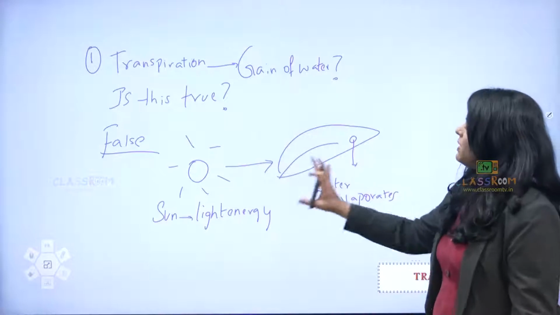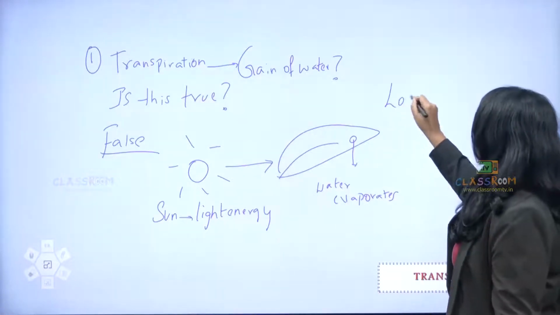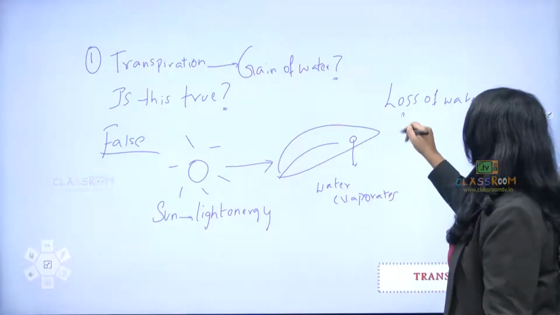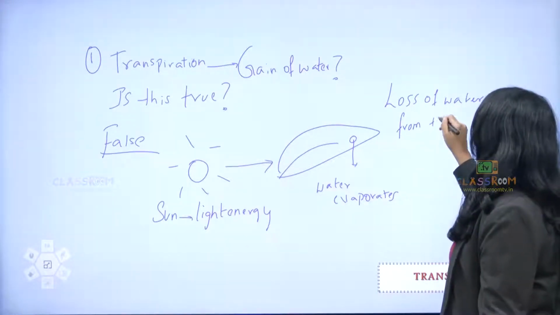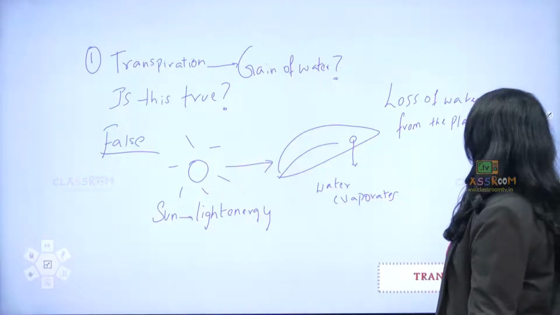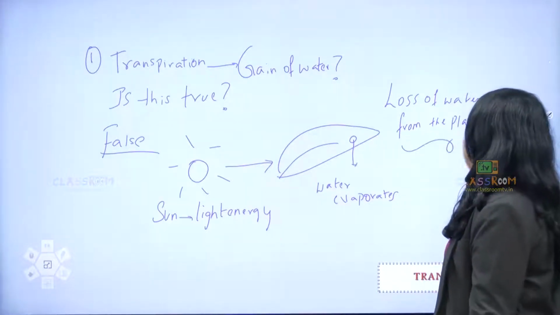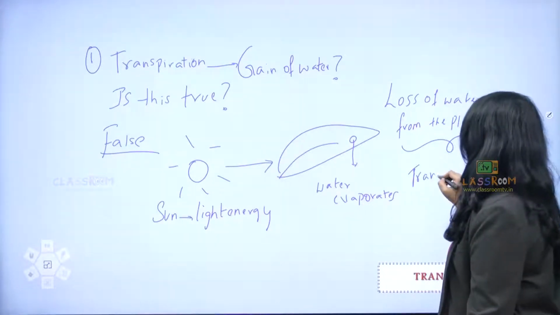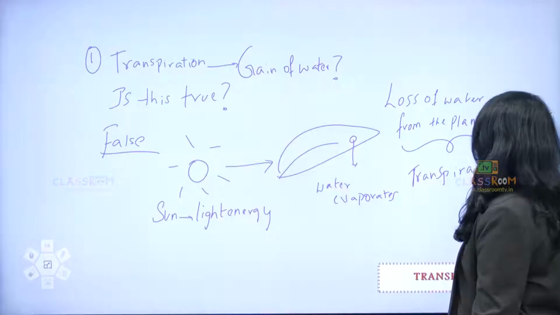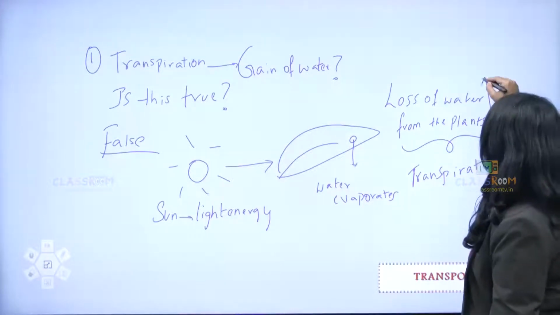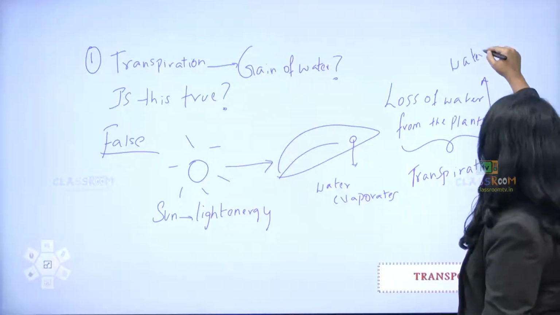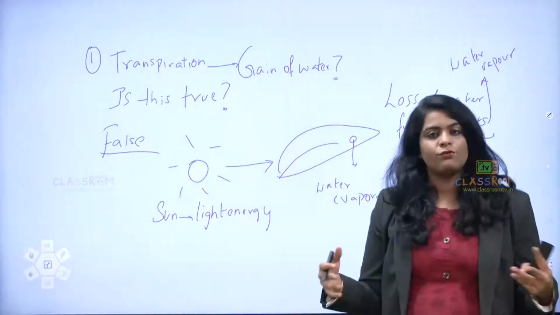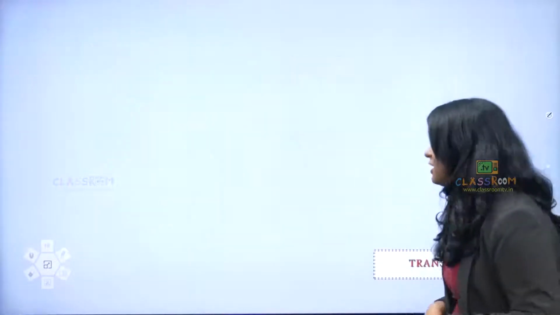But for now, transpiration means loss of water from the plants, and this process is called transpiration, in the form of water vapor. So loss of water from the plants in the form of water vapor is called transpiration.